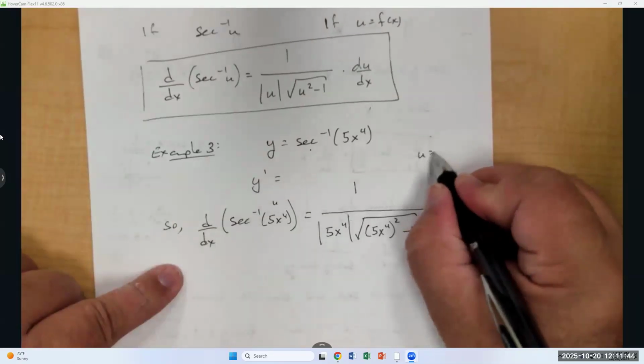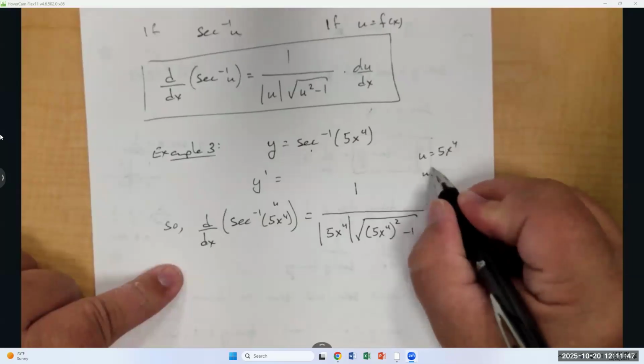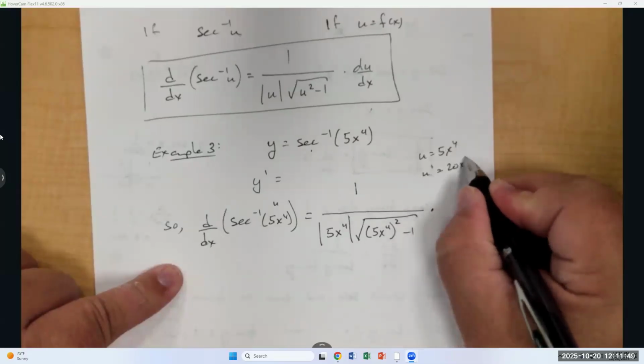Since u is equal to 5x to the fourth, the derivative is 20x cubed.